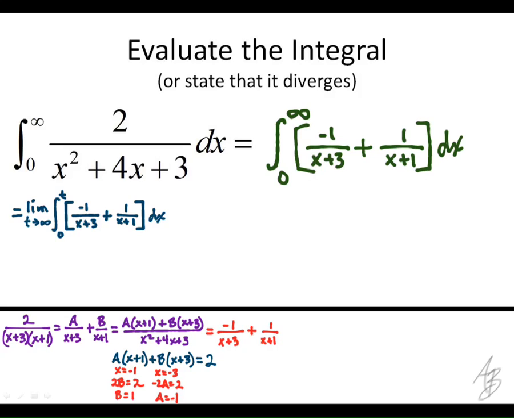Now, I want you to notice something here, and this is going to be important later on. Where is x plus 3 going to be undefined, or where does it have a vertical asymptote? At -3. Where does x plus 1 have a vertical asymptote? At -1. So we have vertical asymptotes at -3 and -1.